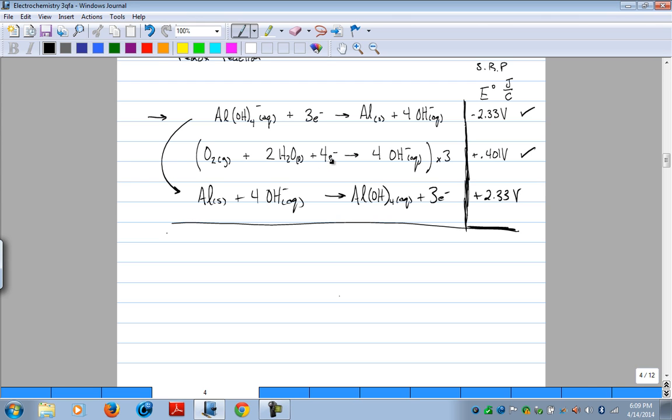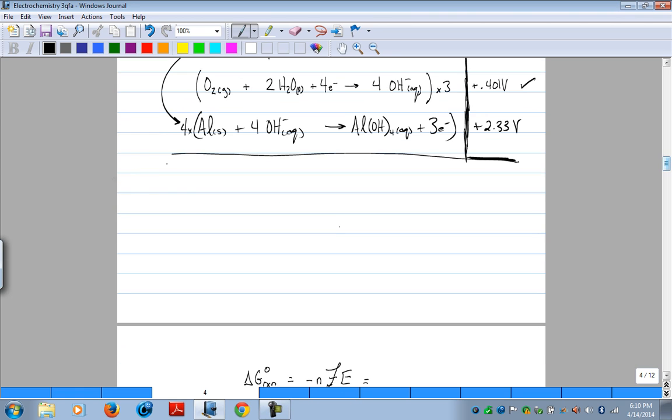We multiply by 3 to have 12 moles of electrons gained per mole of reaction there. And so we're going to have to multiply the aluminum line by 4. So that most important step yields n equals 4 times 3, or 12 moles of electrons per mole of reaction, as we're going to write in the balanced equation.